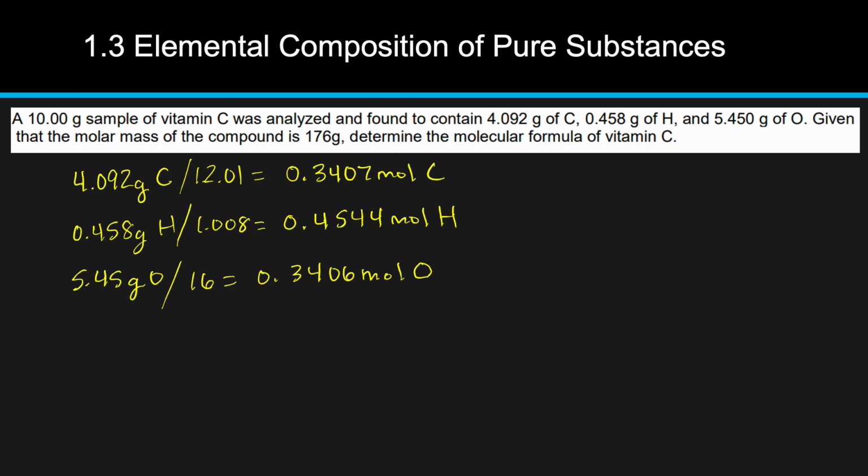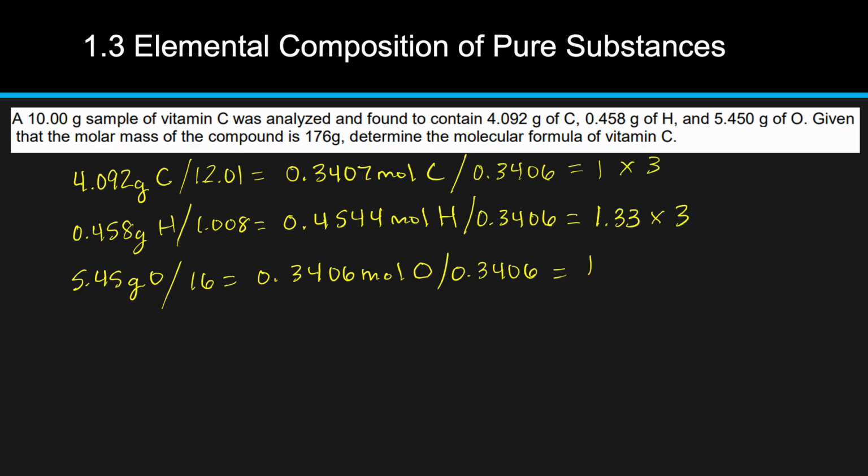The next step to solving for the empirical formula is dividing by the smallest, which would be 0.3406. We do not have whole numbers, so we're going to multiply by 3 to get rid of the decimals. If we multiply one thing by 3, we need to multiply them all by 3.